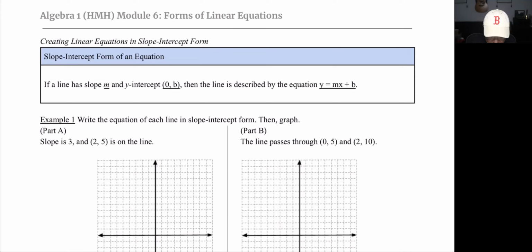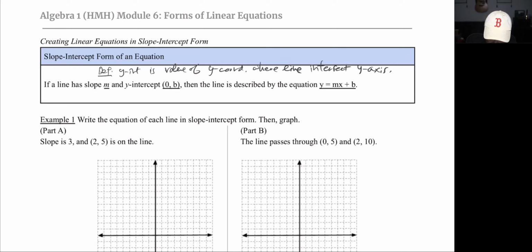The y-intercept, by definition, okay, let's always go back to the definition. The definition of the y-intercept is the value of the y coordinate where the line intersects the y-axis.